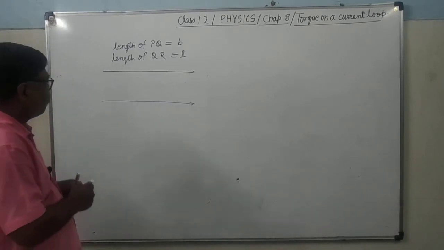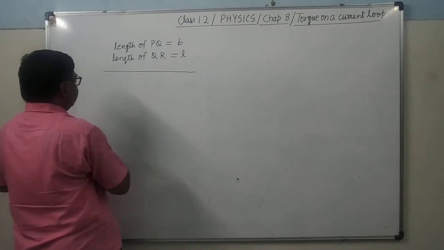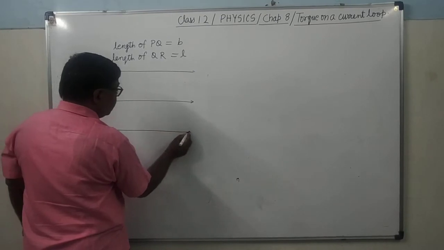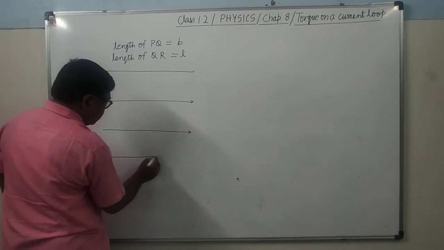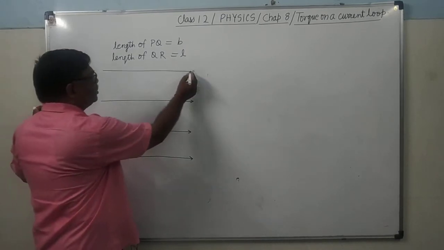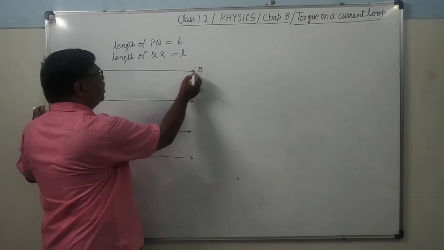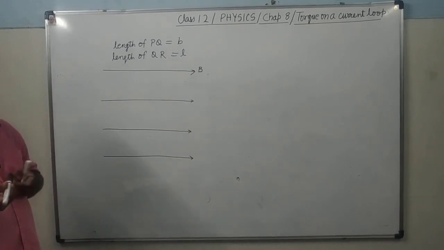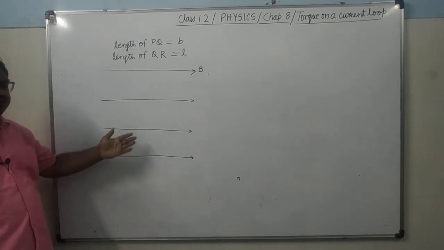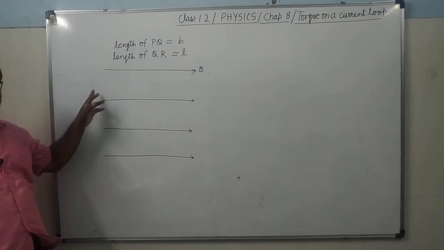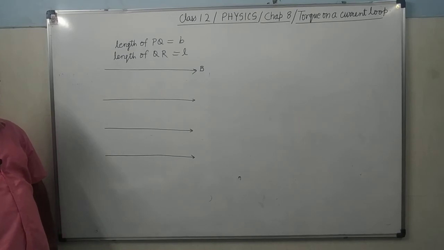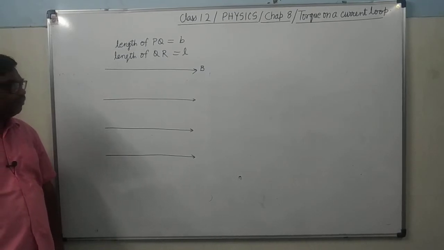Normal on the plane of coil. Let us consider a rectangular coil such that it is situated in such a way that the normal on the plane of coil, which is the direction of magnetic moment, here this is a uniform magnetic field B. Let there be a current carrying rectangular coil such that the normal on the plane of coil makes an angle theta from the direction of magnetic field.